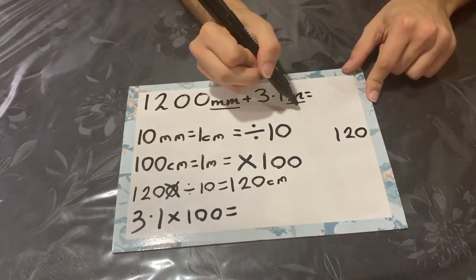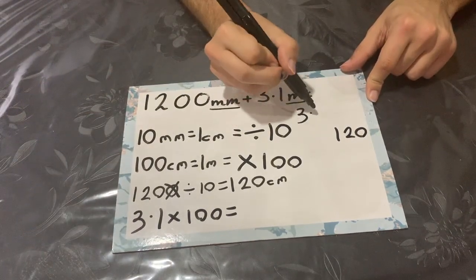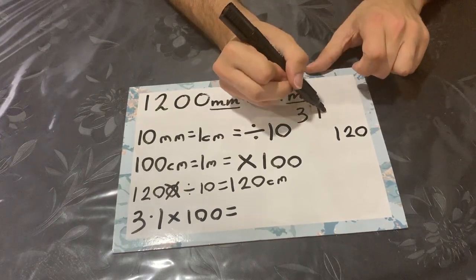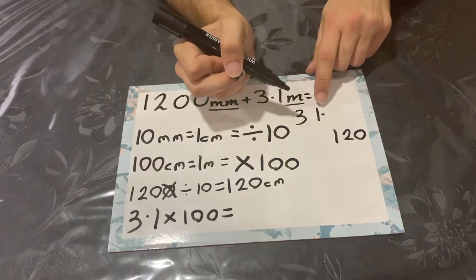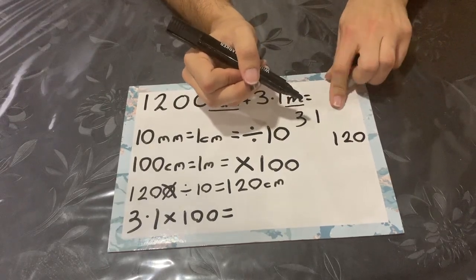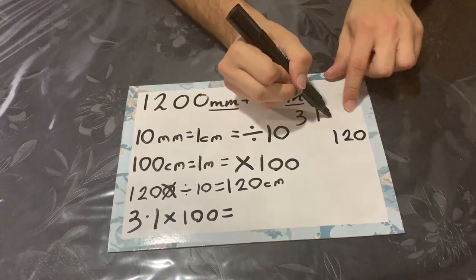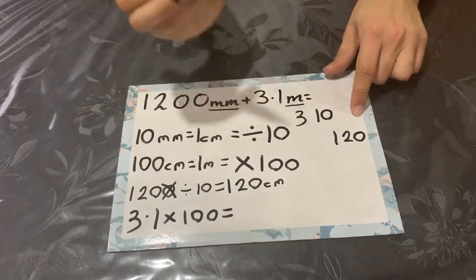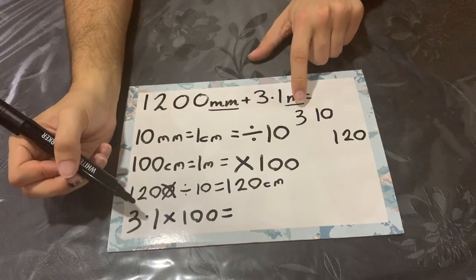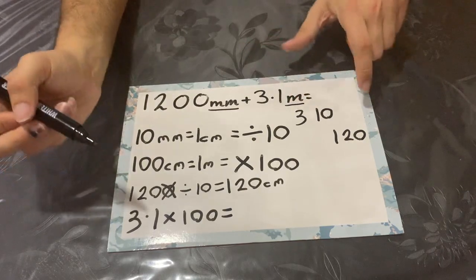If I've got 3.1 over here, and I move the decimal point one time, that would give me 31, but I want to move it again. But since there's no number, instead of moving it, I'm going to add a 0. So that means that 3.1 meters into centimeters is 310.